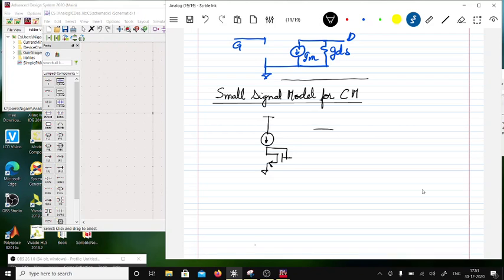I have the gate, and then I have a certain voltage as the input voltage, right? And then I have this, that is GM, and I have shorted the gate to the drain, and then this is grounded, right? Same is the situation if I reverse it also. So if I reverse it, this would look like this, right?